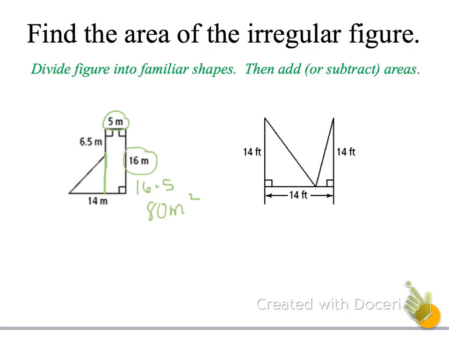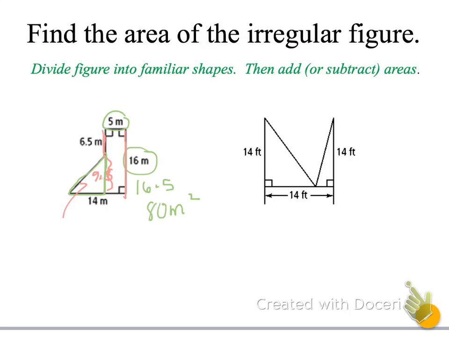So now I need to find this triangle here. Well, let's find another side of my triangle. So if this whole thing is 16, this little part is 6.5, and I want to find this, I can take 16 minus 6.5 to get 9.5.